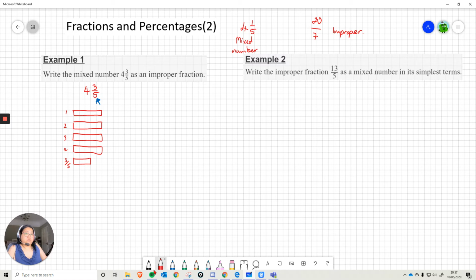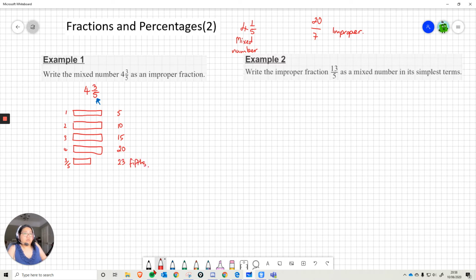Now, each of these squares is a fifth, which means in the first whole I have 5/5. In the next whole I've got another 5, so 10 altogether. In the next whole I've got another 5, so 15 altogether. And then in the fourth whole I've got 20/5 altogether. Now in the last part of my diagram I have 3/5 added to this 20, which means I have 23/5 in total.